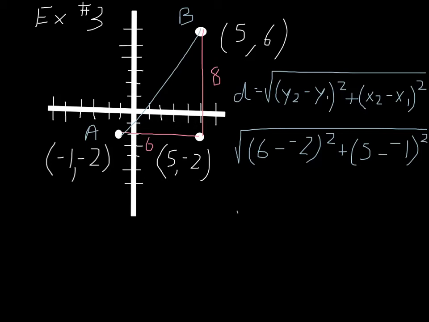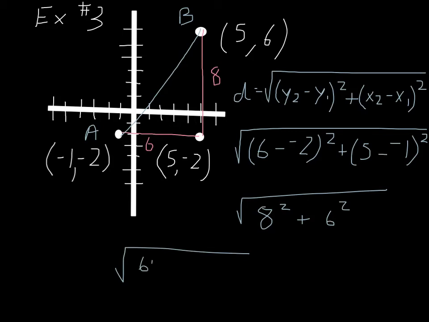That would be the square root of 8 squared plus 6 squared, so you get the square root of 64 plus 36, which equals the square root of 100, which equals 10. So this side is 10, the bottom is 6, and the right side is 8, giving you a perimeter of 24.